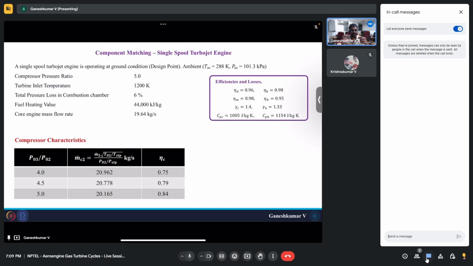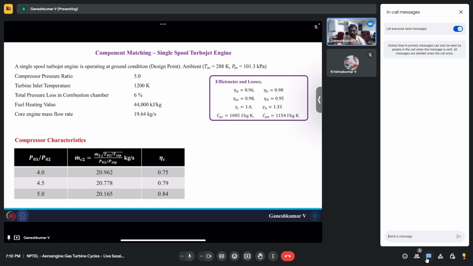The pressure ratio of the compressor depends on mass flow rate and the speed at which it is rotating. So this compressor map will establish a relation between mass flow rate, speed, and also the efficiency of the compressor.